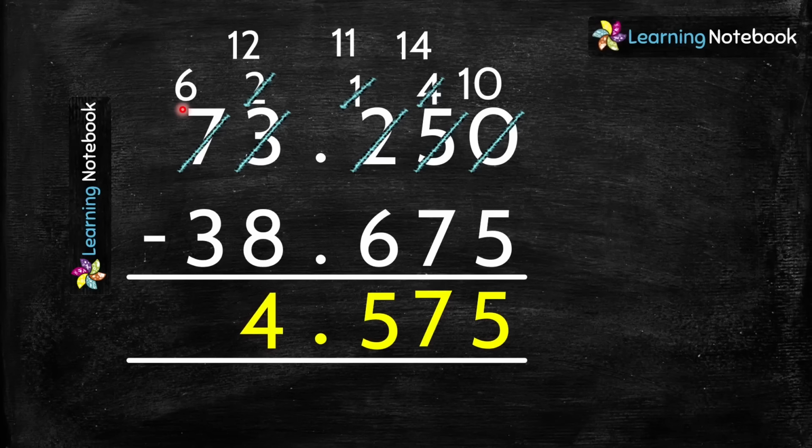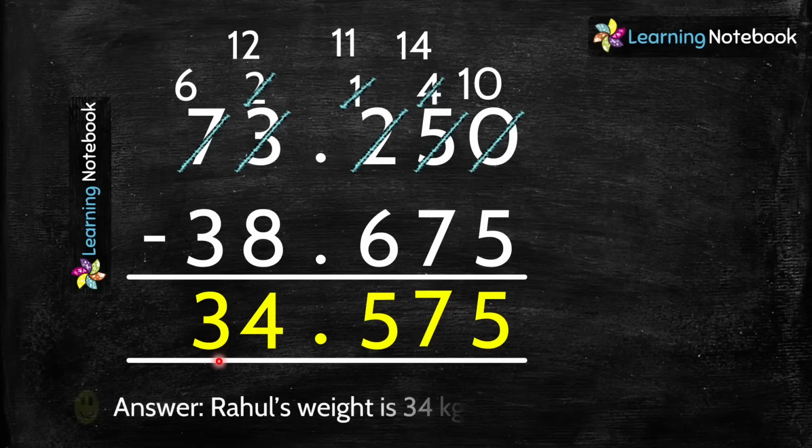And lastly, 6 minus 3 equal to 3. So we have got the answer as 34.575. We should always write the answer statement. Rahul's weight is 34 kilogram 575 grams.